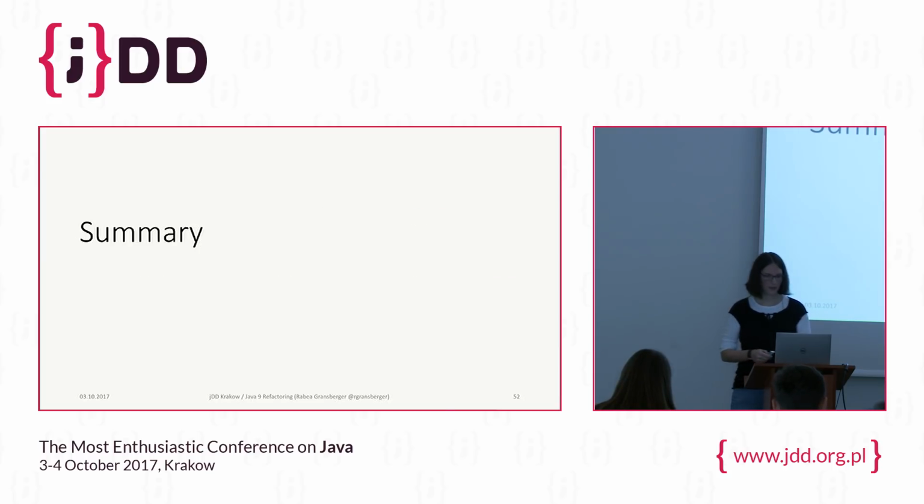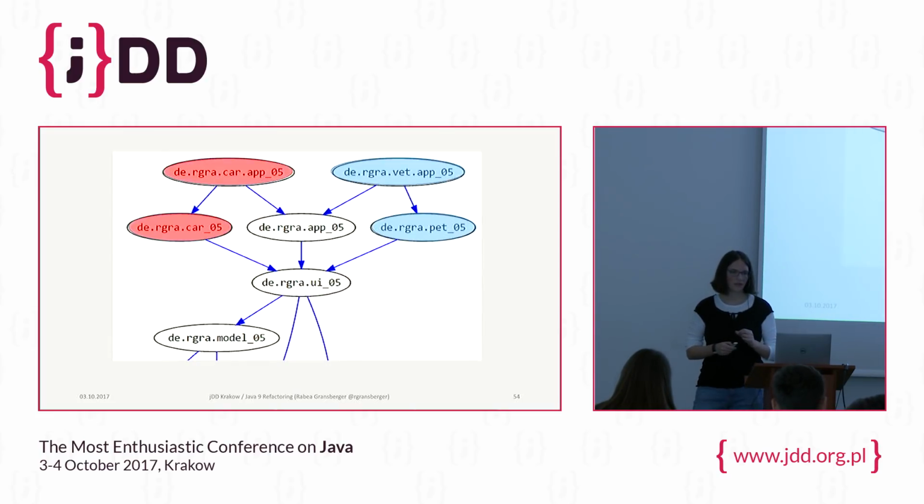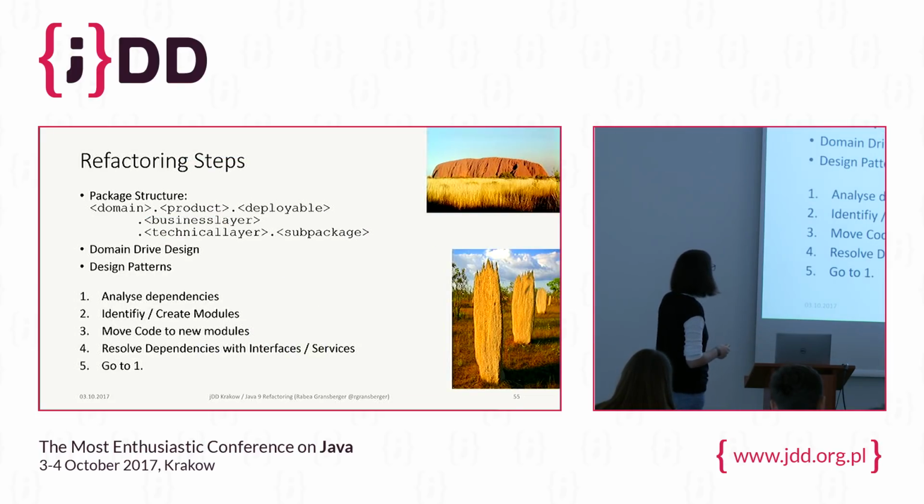And so in summary, we got from this more or less entangled mess to this nice module graph, right? So it's far easier to read. And the refactoring steps we took were very easy. We refactored our package structure. And what you should also do is always apply some domain-driven design principles and some design patterns, which will help you to structure your code to make it easier to get some modules out in the end.